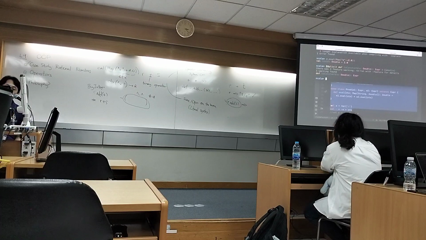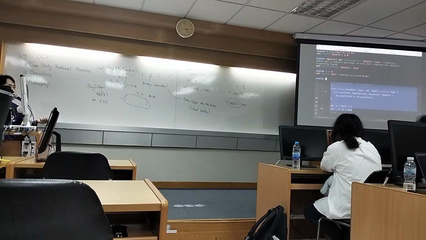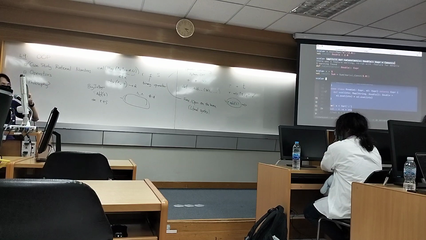What I did was I defined an implicit function. An implicit function in this case is something kind of lurking in the background, waiting to do type conversion when necessary. Previously, I was not able to do x plus 5, but now I can. Before I wrote this function, x plus 5 was meaningless. The reason was it did not know what to do with x being an expression and 5 being a double.